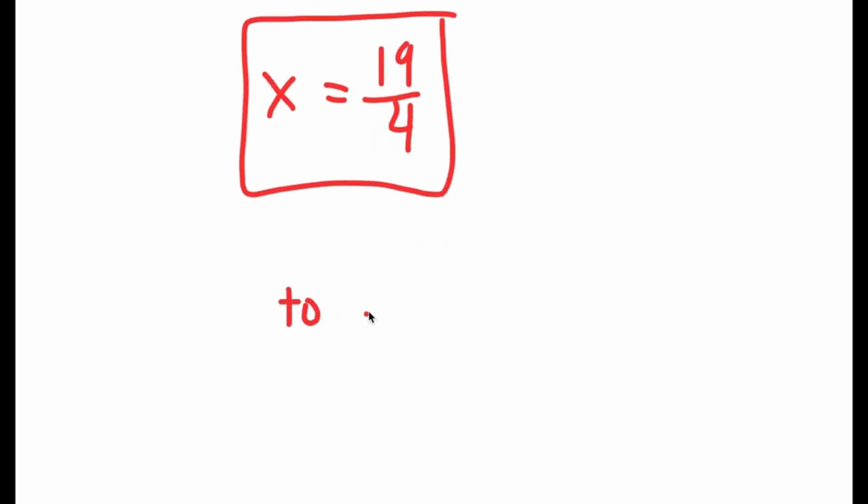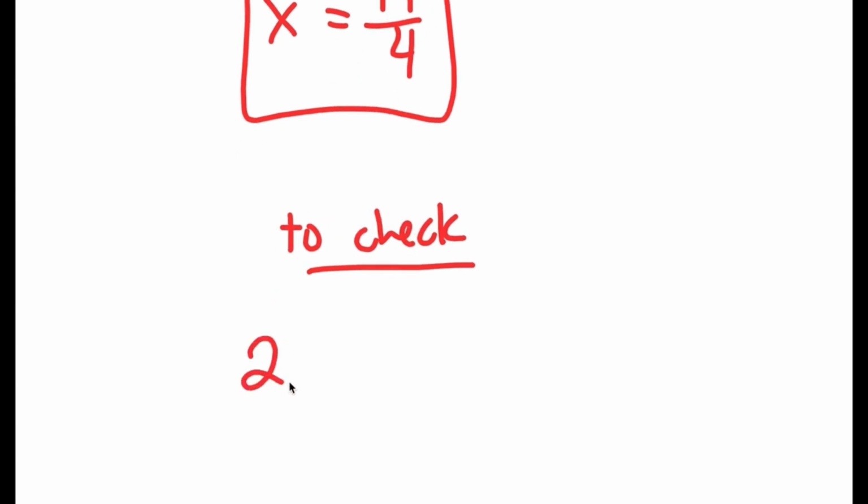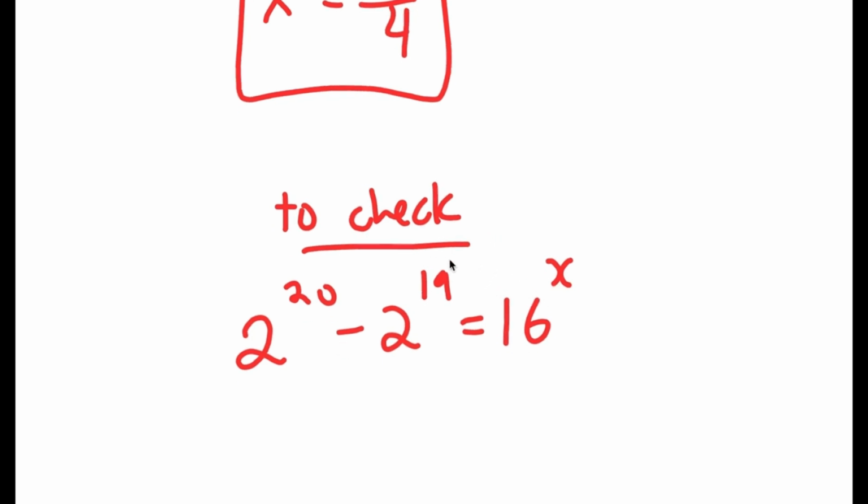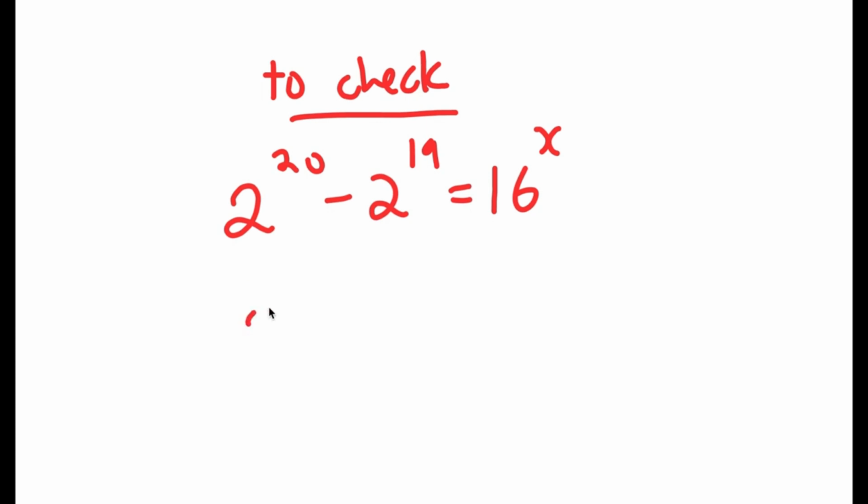Now, to check, my original equation was 2 to the power of 20 minus 2 to the power of 19 is equal to 16 to the power of x. Now, 2 to the power of 20 minus 2 to the power of 19, we already know that's 2 to the power of 19.